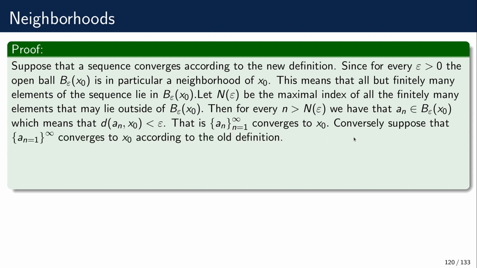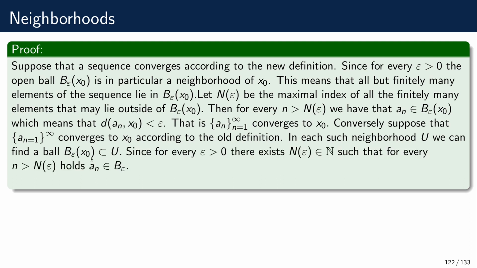And now conversely, suppose that this sequence converges to x0 according to the old definition. Then in every neighborhood we can find a ball of radius epsilon around x0, because a neighborhood is something that contains an open set that contains x0, and an open set necessarily contains an open ball of some radius.